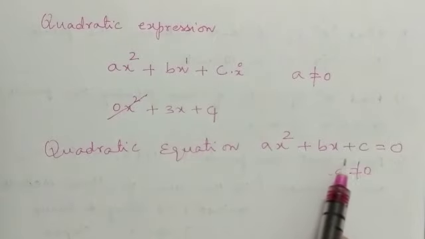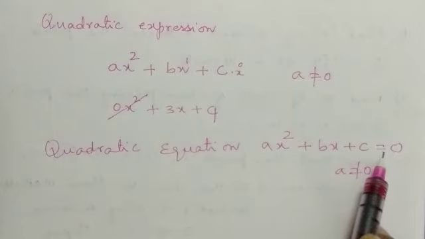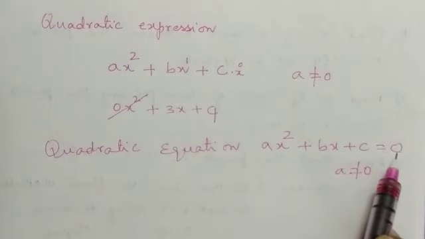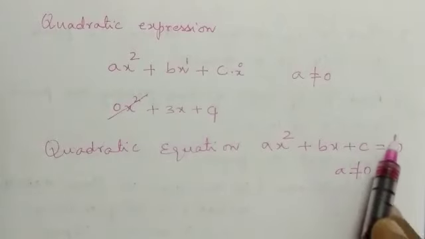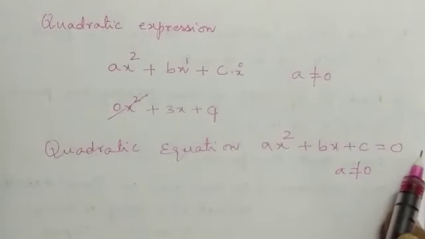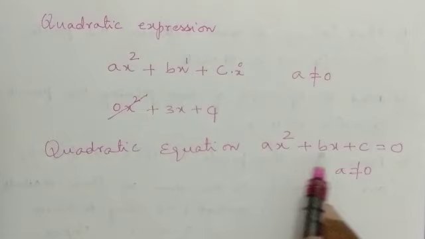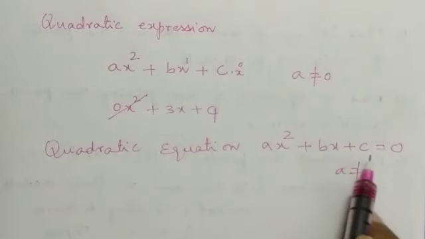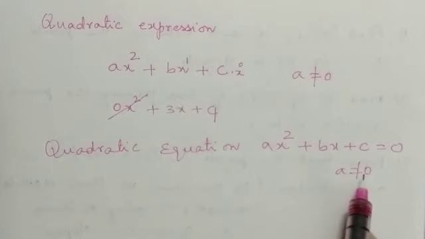This form of equation, why are you calling it an equation? Because you are having equal to. You may have equal to 0 or equal to 1 or equal to 2, but you have to bring this constant or whatever may be on the RHS side to the LHS side and make it 0 and express it as 0. ax square plus bx plus c equal to 0 and a is not equal to 0.